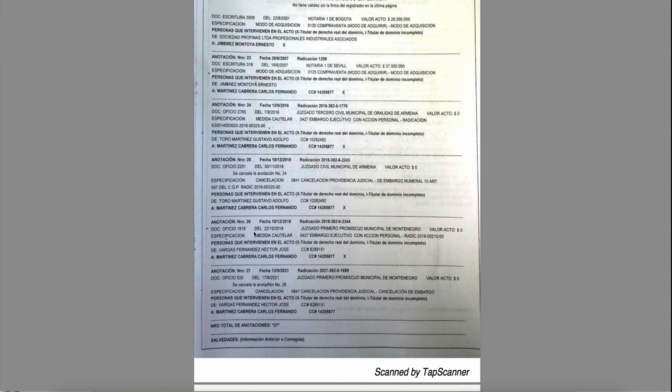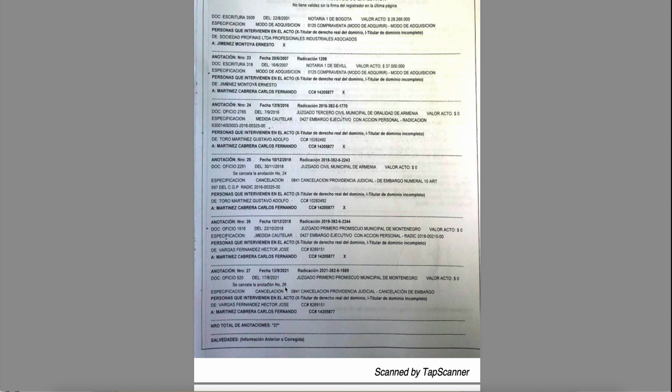In 2018, a legal process registered an executive embargo on this property. And then in 2021 they canceled it. It says annotation number 26 was canceled. So this closed this lien.